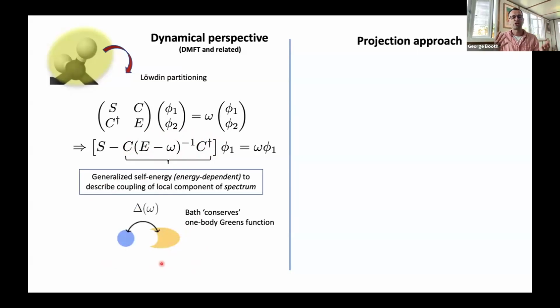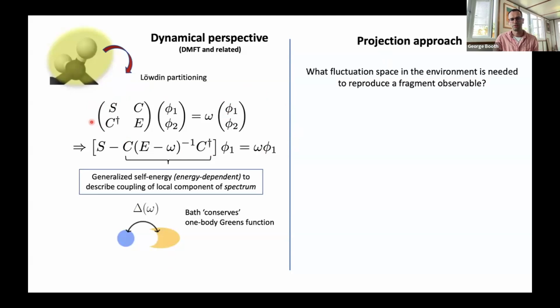And then if we want, we can also generalize this to a two-body embedding, or indeed, when our original problem is described at a correlated level of theory. However, in recent years, I think there's been a fair bit of work in describing projection-based approaches to quantum embedding as well. So I'll briefly contrast the two different paradigms.